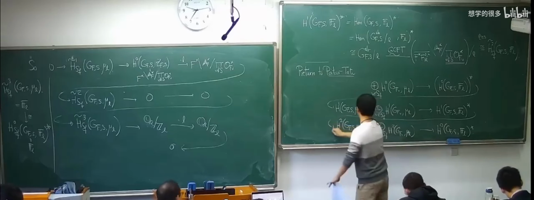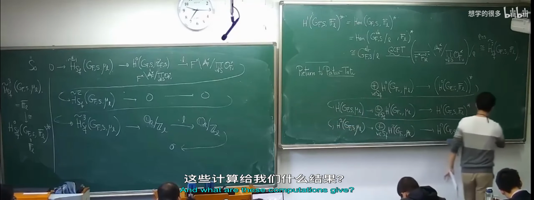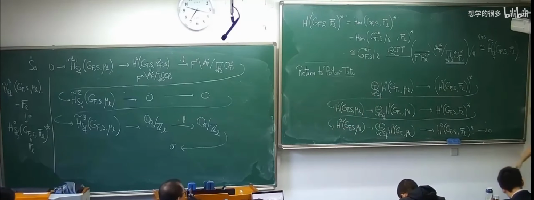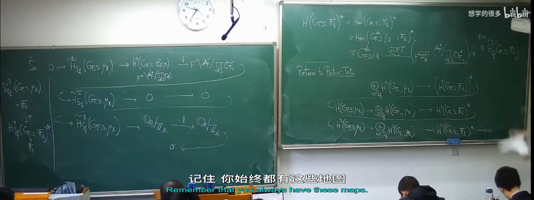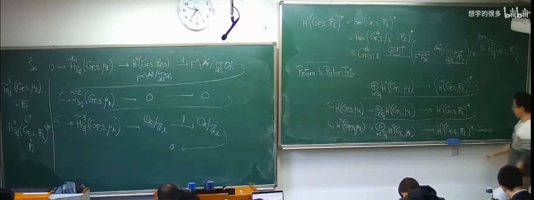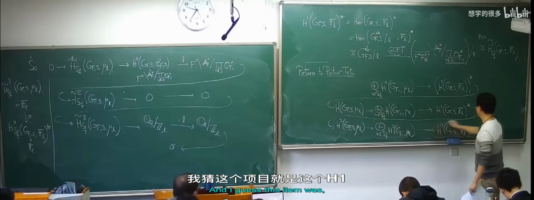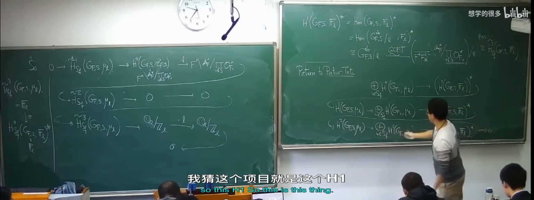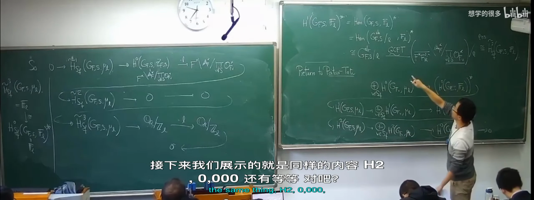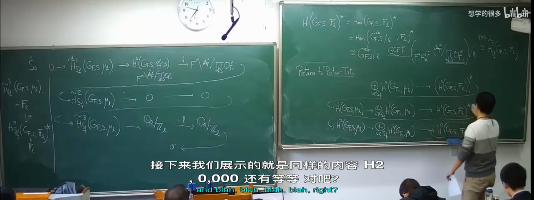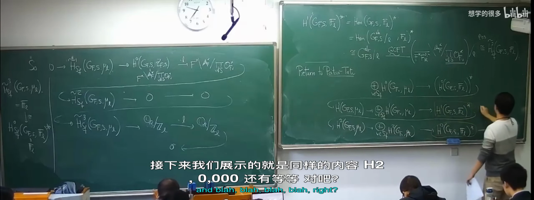Let's see. What does this computation give me? Well, it gives me this bit here. Remember that you always have these maps. And this isomorphism, this H1 star, is what we showed to be the same thing, H2 tilde SF, and so on, right?